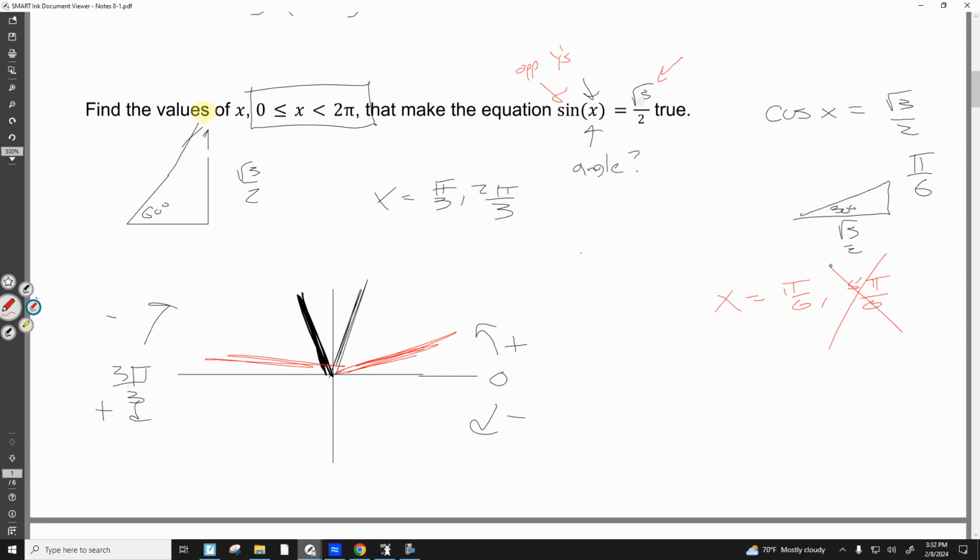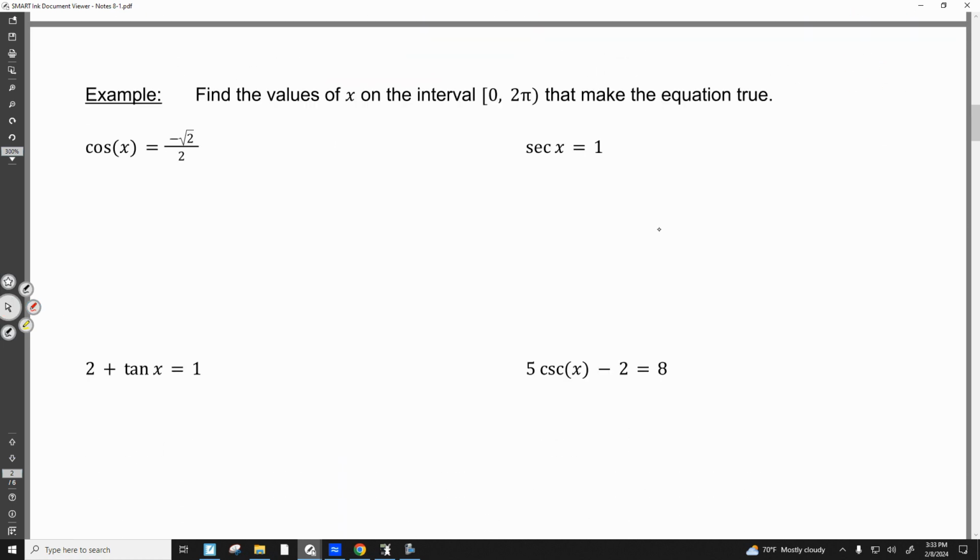Oh, geez. Okay. Here are the things we've got to worry about when solving a trig equation where we can solve it without a calculator. One, you've got to know your triangles.